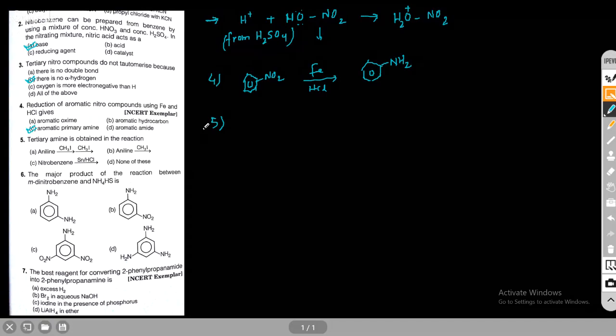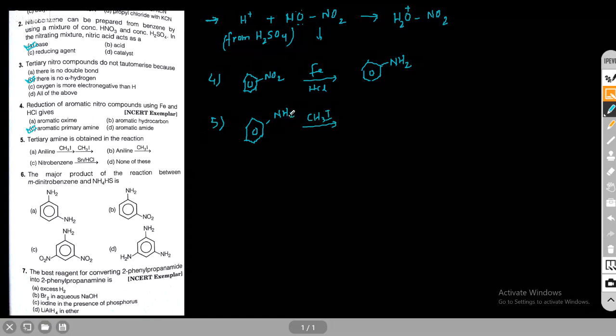Tertiary amine. Okay, so we have to get tertiary amine. Aniline is this. Answer is correct, all of you have got it. Aniline is this, and when this reacts with CH3I, one of the H and I will combine.